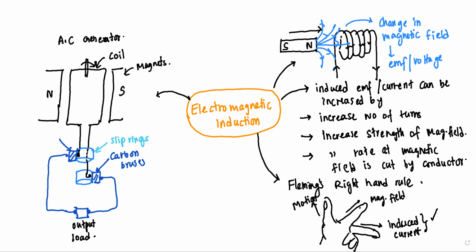In power stations, we have many different ways to rotate a generator coil, which is attached to a turbine.